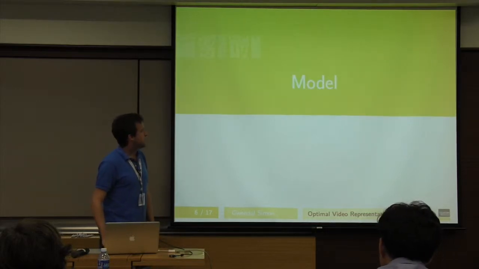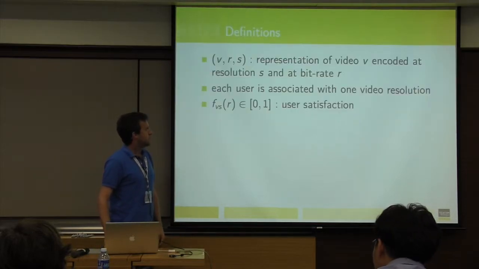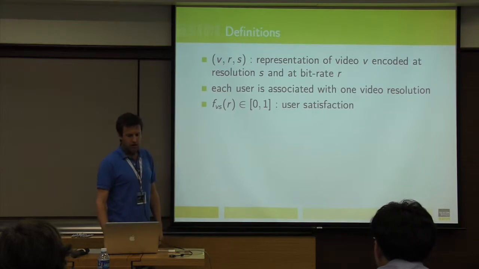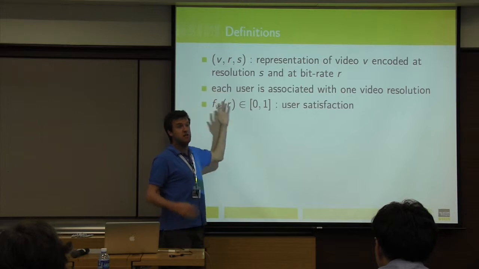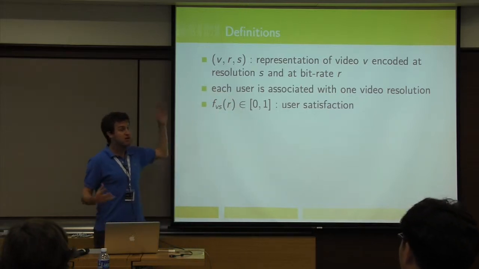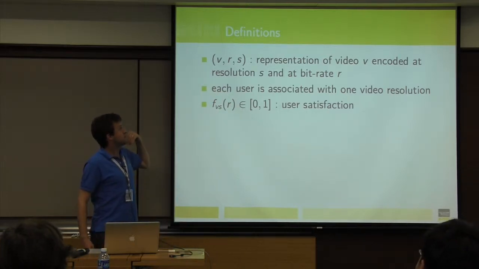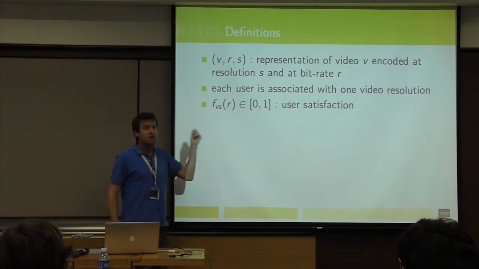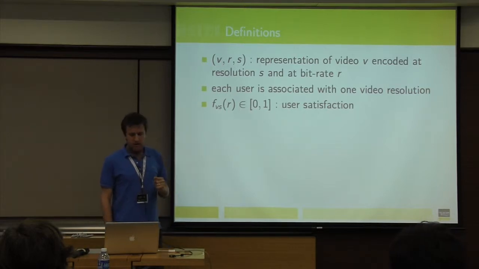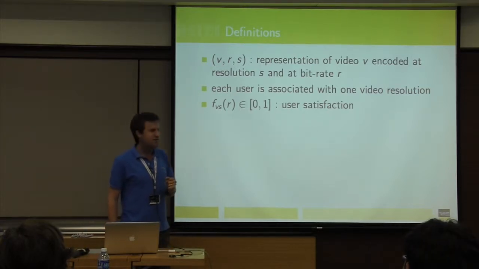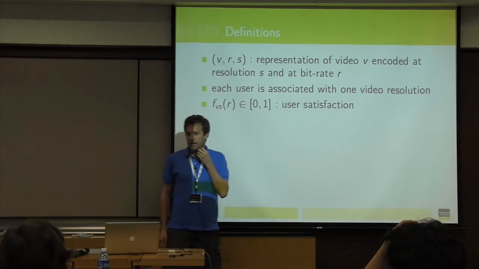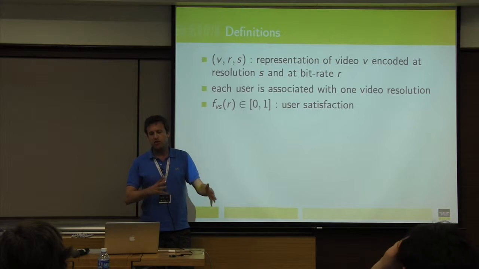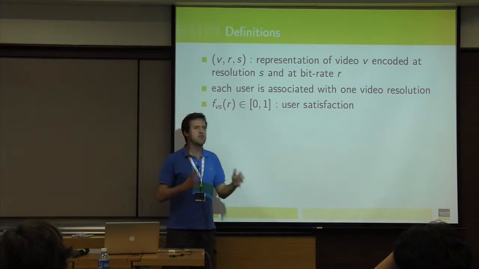So we start with a little bit of math, because the paper has some math. I reduce it to the minimum. Basically, we have a catalog of movies, and we have to decide the resolution S and the bitrate R. Each user, and this is a point that is a little bit controversial, I guess, is associated with only one video resolution.